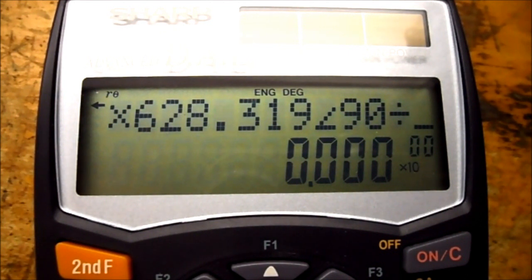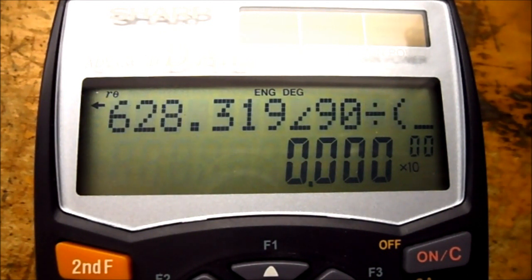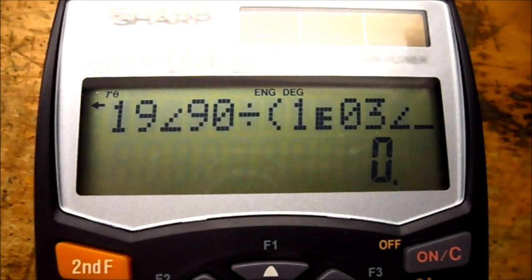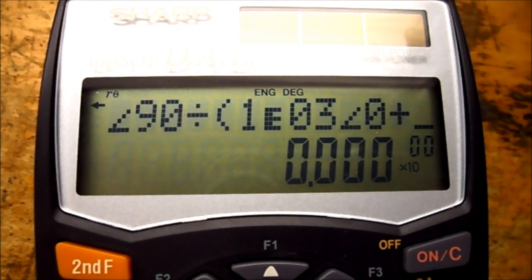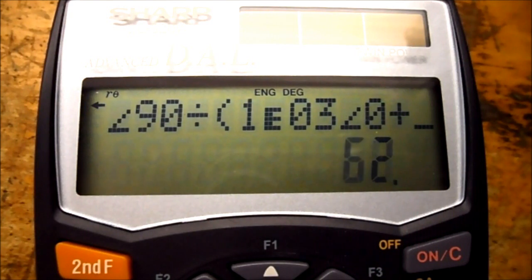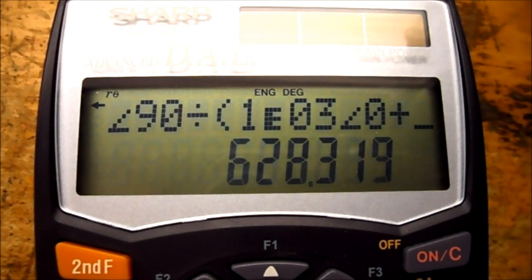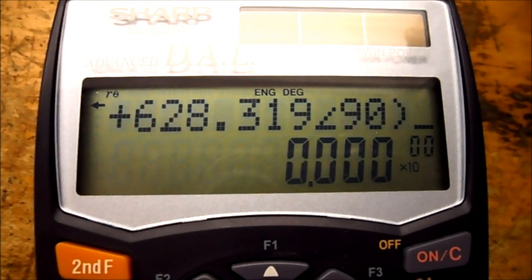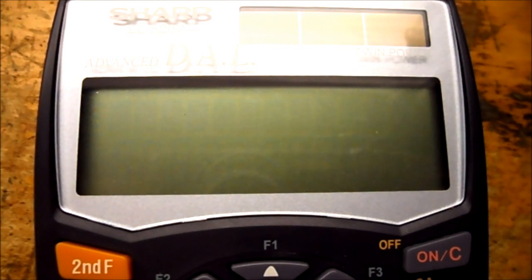So to keep the order of operations correct, I'm going to put in a bracket, and R is 1 exponent 3, and it's at an angle of 0 degrees, plus I want XL, which is 628.319 at an angle of 90 degrees. And then I close my bracket and I press equal.